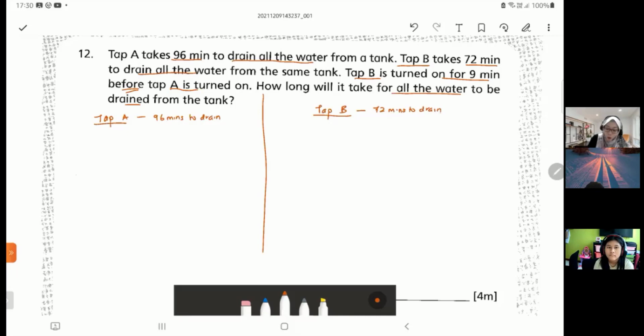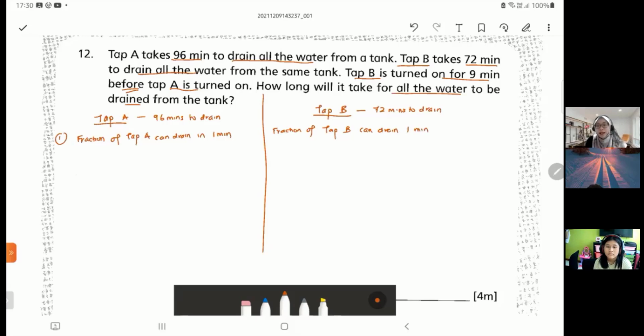Okay, now what we're going to do first is to find the fraction of tap A that can drain in 1 minute. Same goes here. We find the fraction of tap B that can drain in 1 minute.